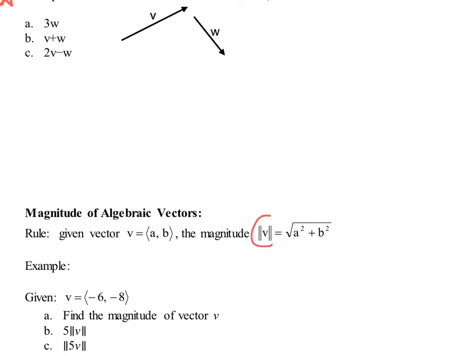an acceptable alternative is to use the absolute value brackets, right? Because magnitude is really talking about the value of the vector, and it should be an absolute relationship because you're taking the square root of positive numbers, so it's going to be positive anyway.